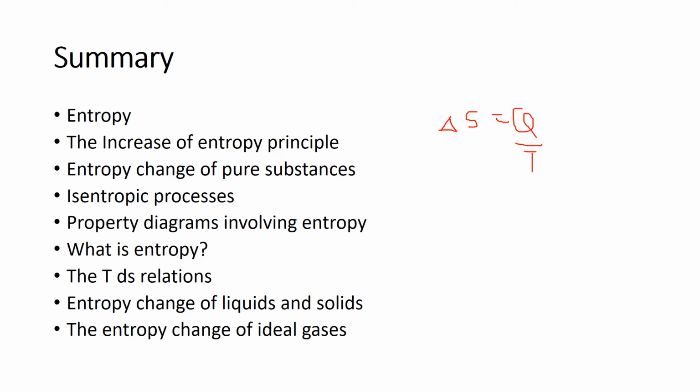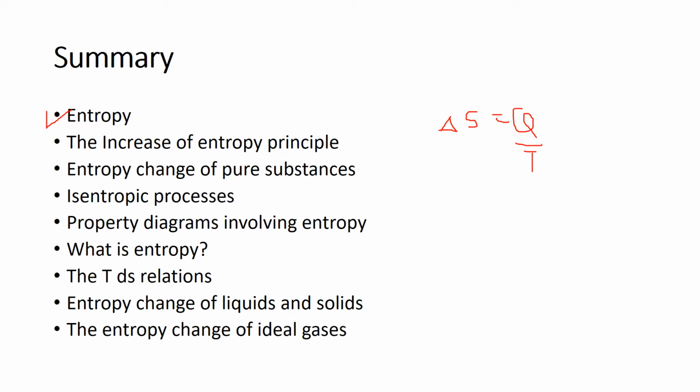From this relation you can say that delta S decreases as q decreases, which is when q is going out of the system, and delta S increases as heat comes into the system, or as q increases. Okay, that was about entropy.